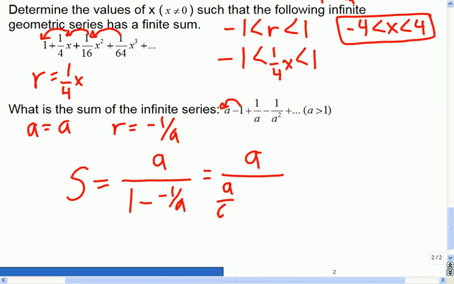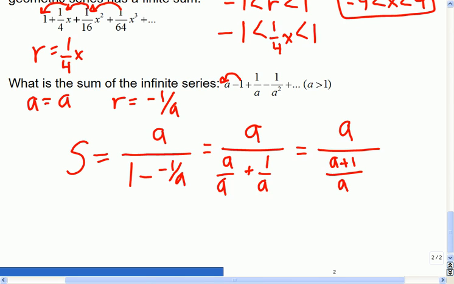So that's a divided by a plus 1 over a. So a plus 1 over a. Now, does anybody know a good strategy to get rid of complicated fractions like that? Okay. We'll talk more about the strategy in trig, but you could think of this as having a 1. So there's two fractions, one on top, one on the bottom. If you look at the denominator, 1, and you look at a, and we say, what's the lowest common denominator between those?